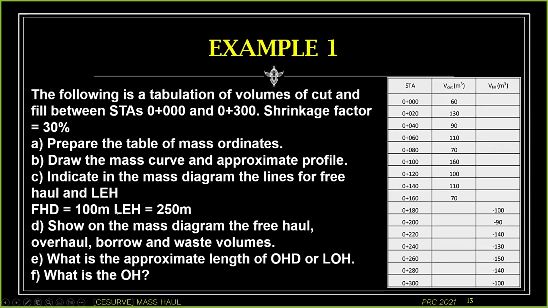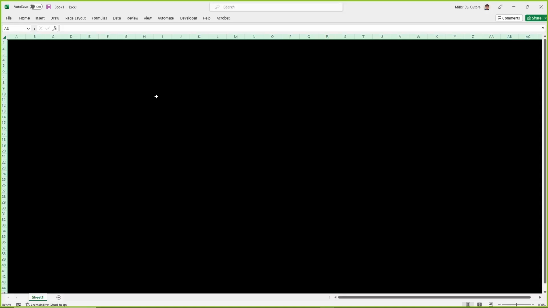So FHD is 100, LEH is 250. Show the mass diagram, the free haul, overhaul, borrow, and waste volume, and approximate the length of OHD and the LOH, then determine the overhaul value. So, let's have this Excel file.